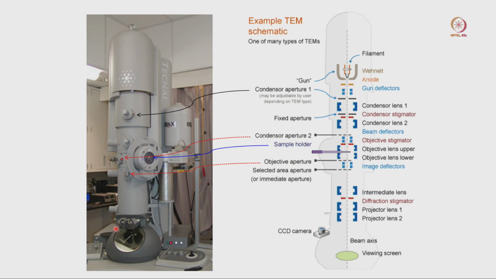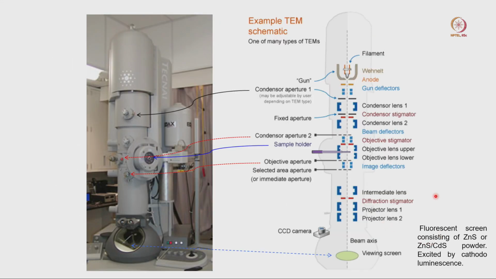This is the viewing chamber, and we have two binoculars. Through the binoculars we can monitor these things, and this microscope is connected with a computer, where we have a CCD camera or a plate camera or a direct electron detector, which will give us the image directly. So these are the internal components of that microscope.